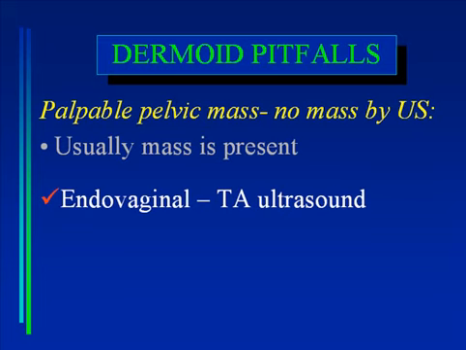And one thing that should be done is, if the imaging had been done with endovaginal ultrasound, transabdominal ultrasound should be performed, and vice versa. If the imaging had been done with transabdominal ultrasound, endovaginal ultrasound should be performed, because sometimes one of these ultrasound approaches will visualize the mass when the other approach will not.